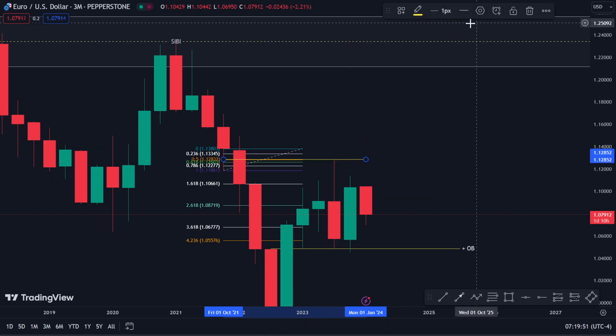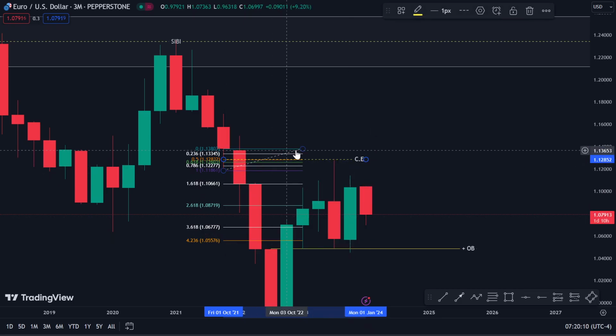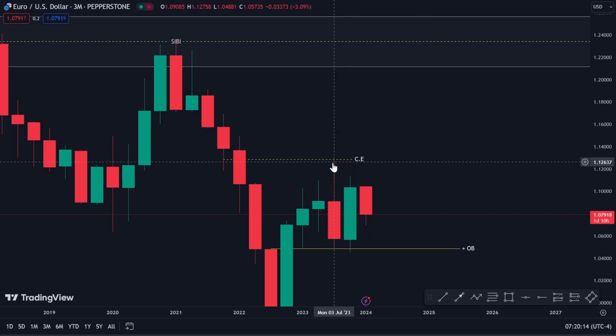That's our consequent encroachment. Let's get rid of the fib. Now look at what happened.